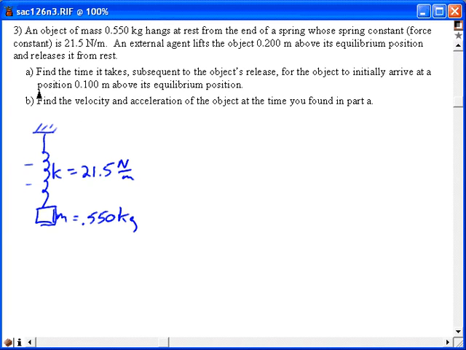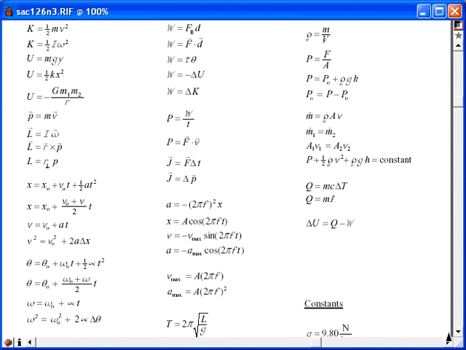So we want an equation that gives the position as a function of time and then solve for the time. If we look at the formula sheet, the one that yields that information is this one right here. It gives position as a function of time. So what we need to do is find out what A is and what, let's call it, 2 pi f is.